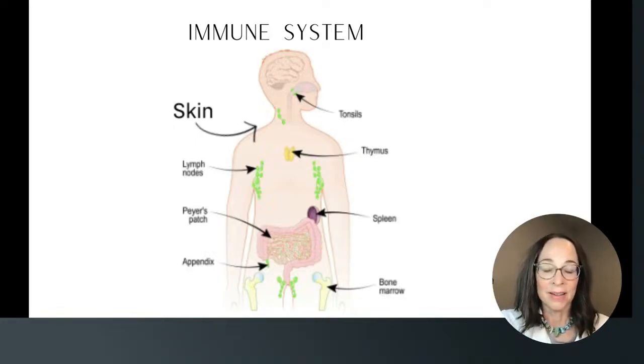And if our skin doesn't have this acid mantle intact, it lets intruders, bacteria, viruses, pathogens in through our skin. And that's how it got its name, our acid mantle, because it is slightly acidic, so that it kills these germs on contact.